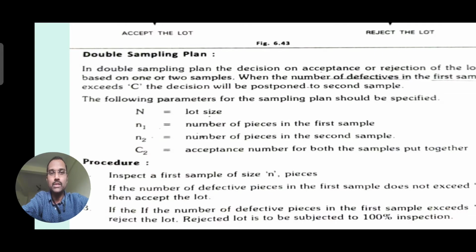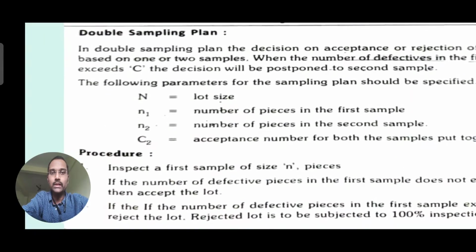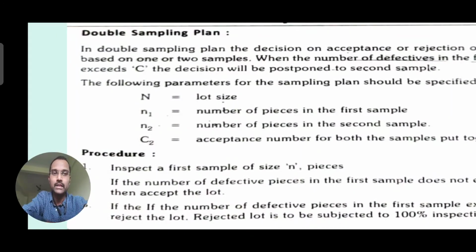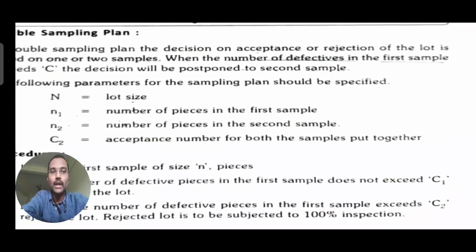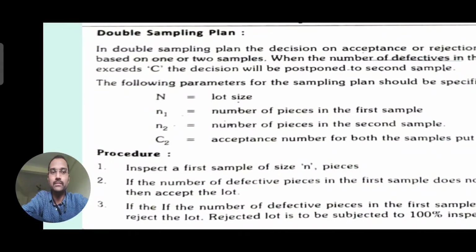Okay, so that is the procedure. We see it point by point. First, inspect the first sample, which consists of some n number of pieces. If the number of defective pieces in the first sample does not exceed C1, then accept the lot. Very simple.